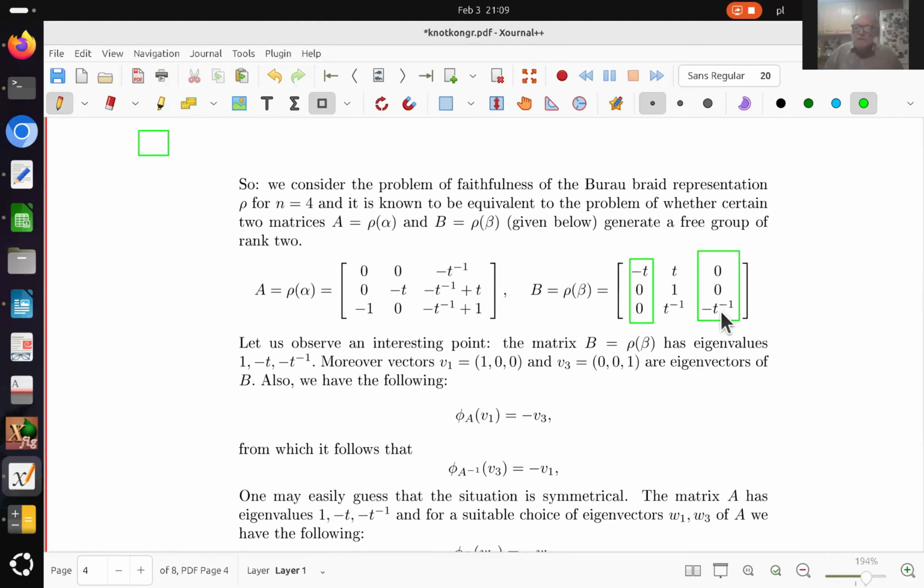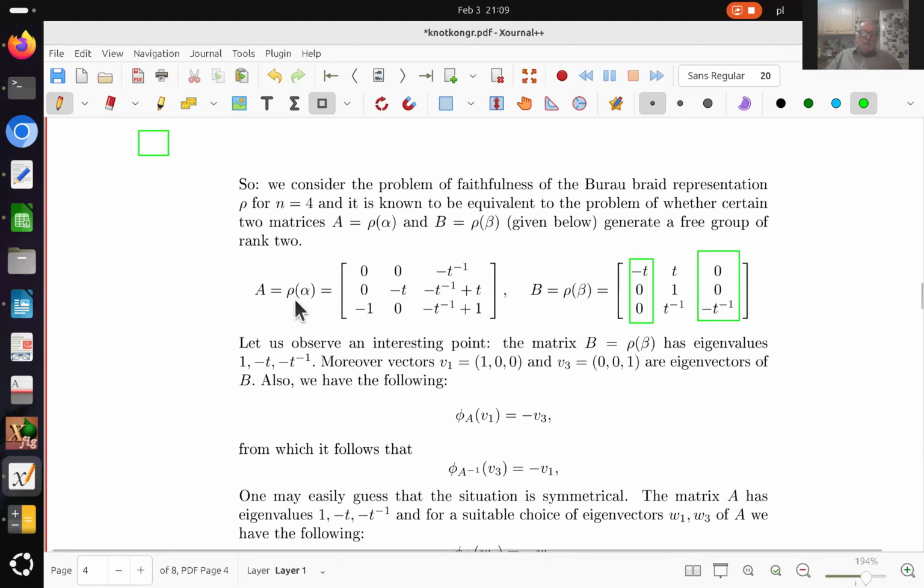Well, I have somewhere a formula for an eigenvector for 1. It depends on t, so it's slightly different. Here it doesn't depend. And there is another important and interesting point.